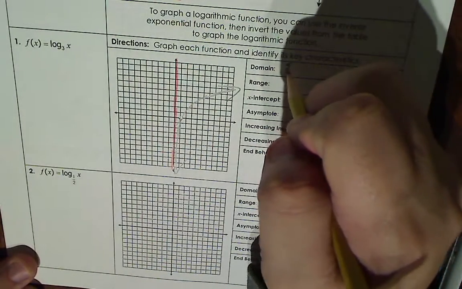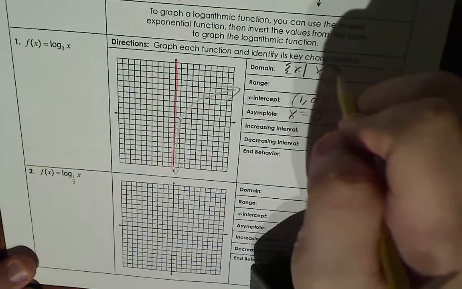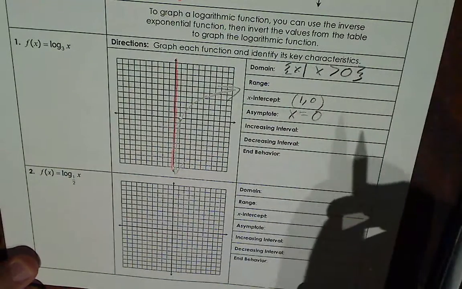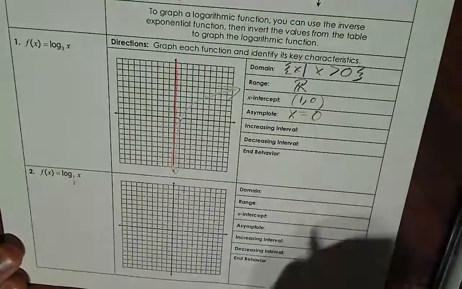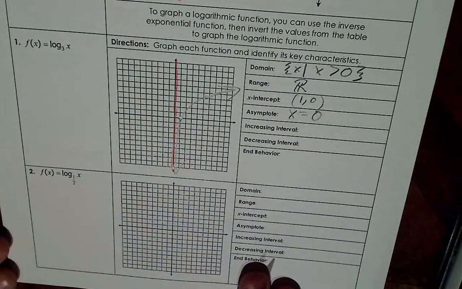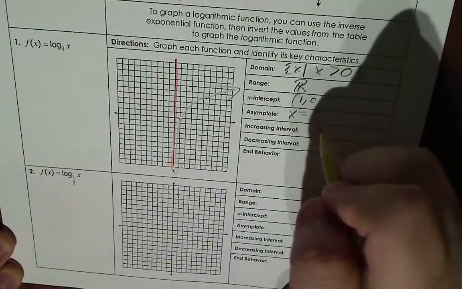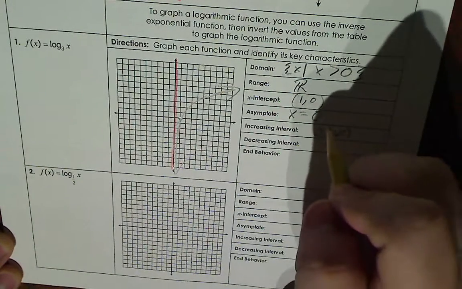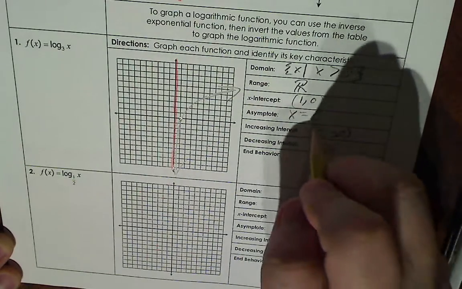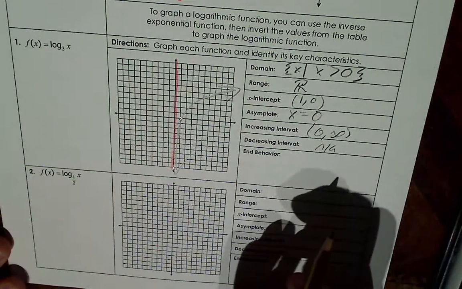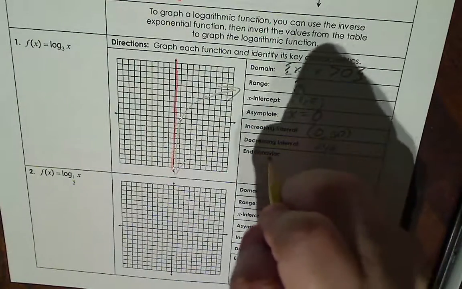So my domain becomes all values of x such that x has to be greater than 0 now. My range becomes all real numbers instead. Increasing is from 0 to infinity. And decreasing doesn't have it in this case. My end behavior looks something like this.